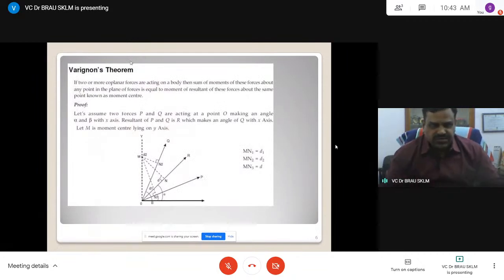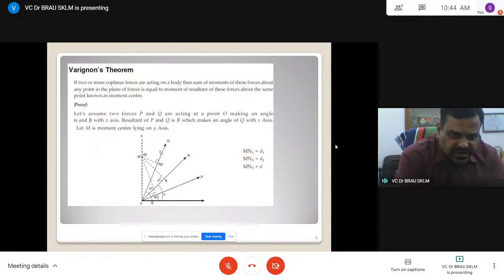Let us say two forces are acting, P and Q, again concurrent, similar to earlier. These are the corresponding perpendicular distances d1, d2, d3 of the two forces and the resultant force.